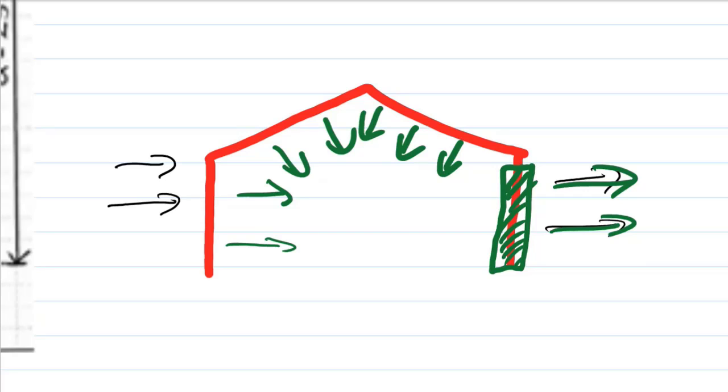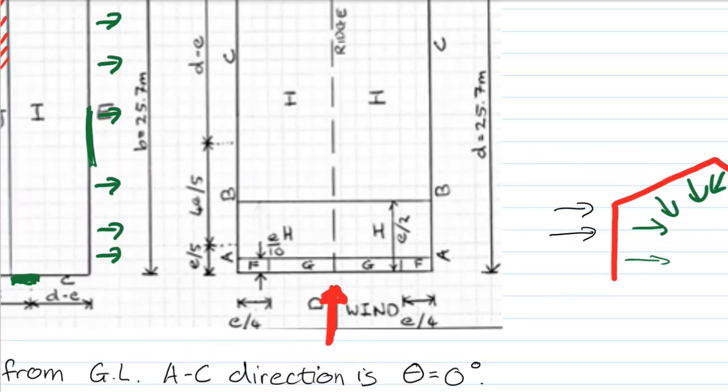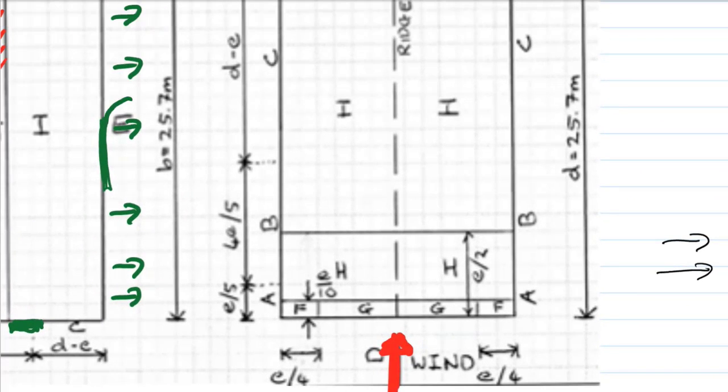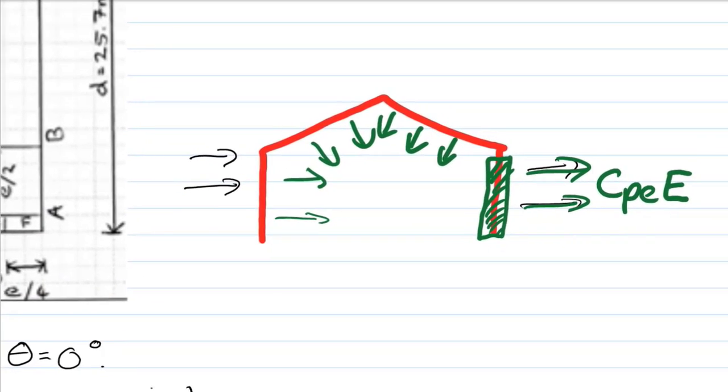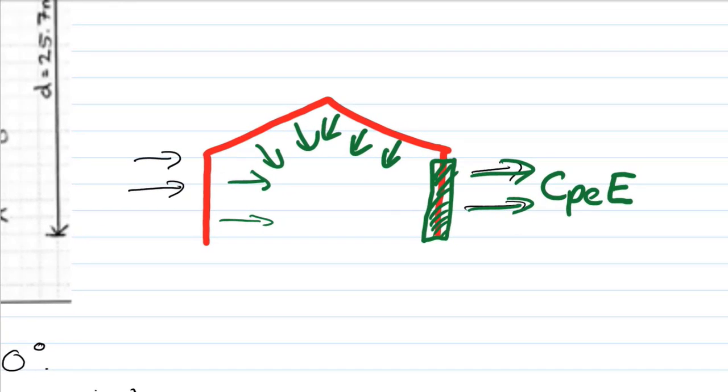This example is relatively easy because the dominant face just has one pressure coefficient, zone E. So we just have a look at zone E here, and this would be CPE E. This is a function of the pressure in zone E, and that is what is of consideration.